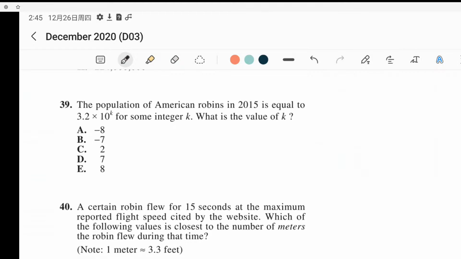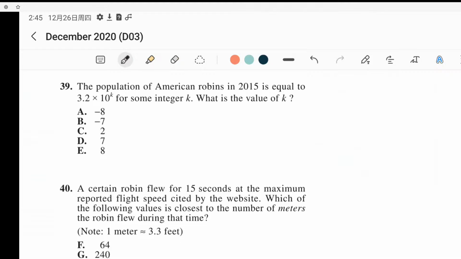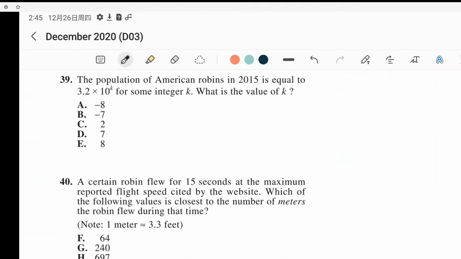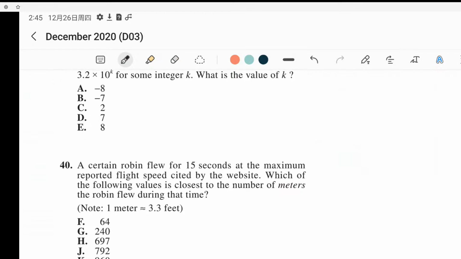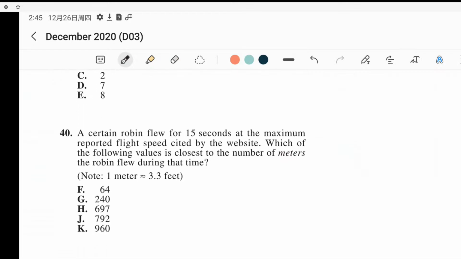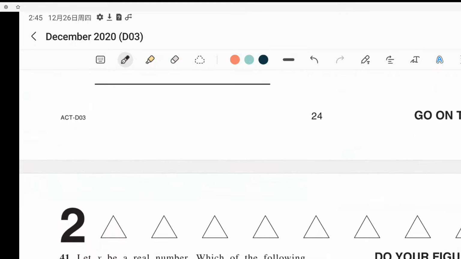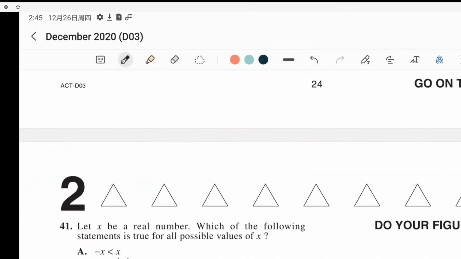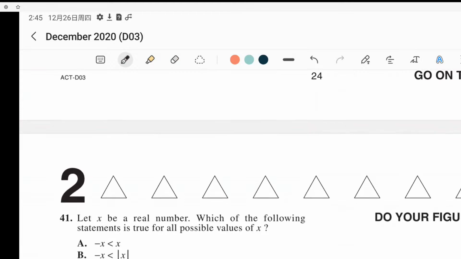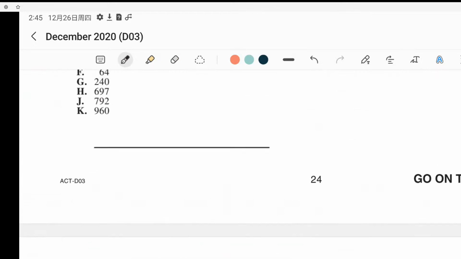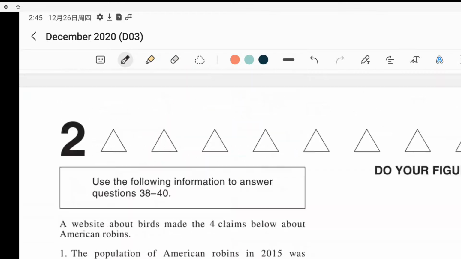So we should see some harder problems over here. Uh, 38 through 40. Let's see.